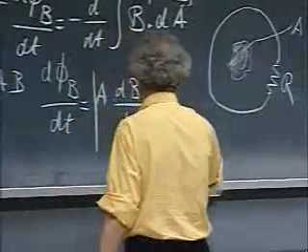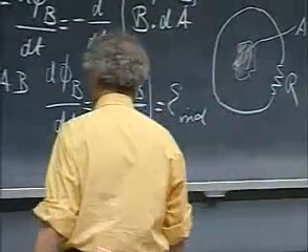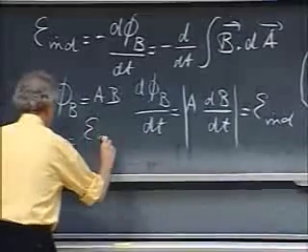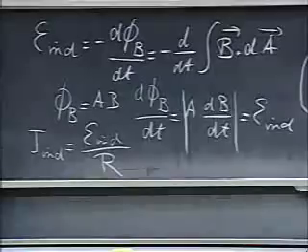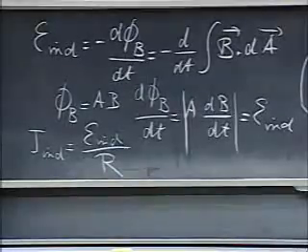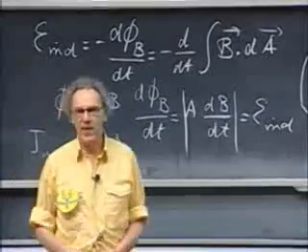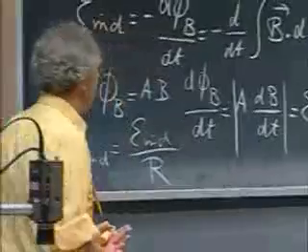This is the magnitude of the induced EMF. And so the current that is going to flow, the induced current, is the induced EMF divided by the resistance of that whole conducting loop. The direction is never an issue because you all can handle Lenz's law.